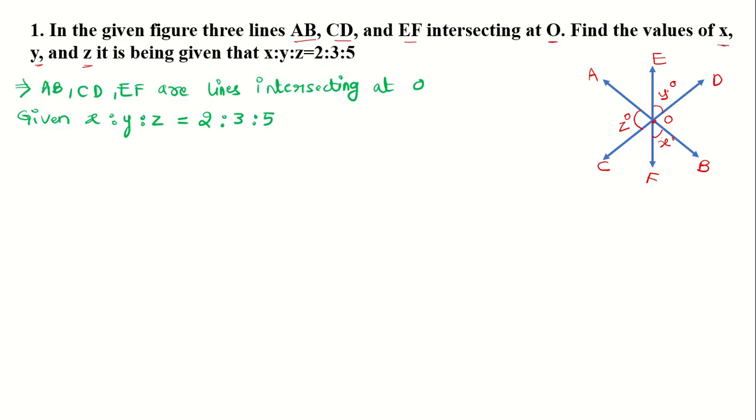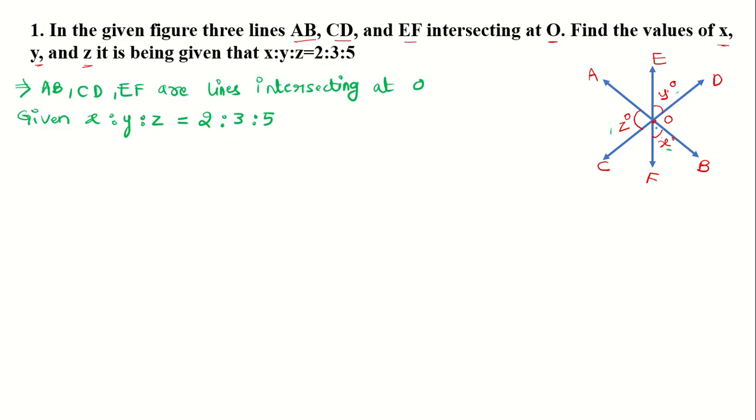As you can see here, these are intersecting lines. So, the angle x, angle y, angle z, all these three angles are opposite to other angles. They are not vertically opposite to each other.